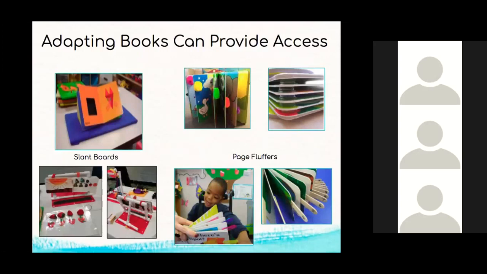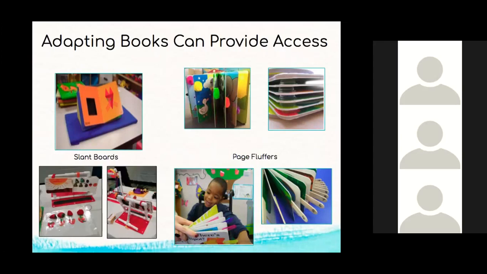You can see page fluffers on these particular books, and page fluffers can be made out of anything from a piece of Velcro or a piece of foam that you attach to each of the pages. They make board books and paper books easier to turn pages. Slant boards are great for raising the visual perspective of a book and helping some kids get access to the books.